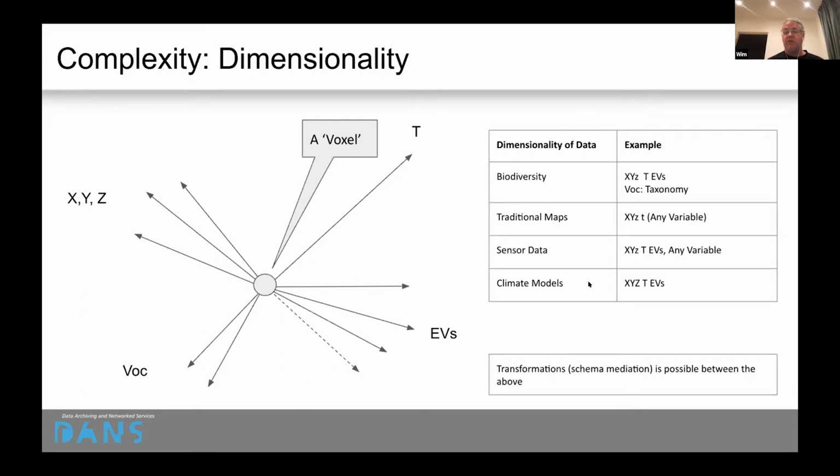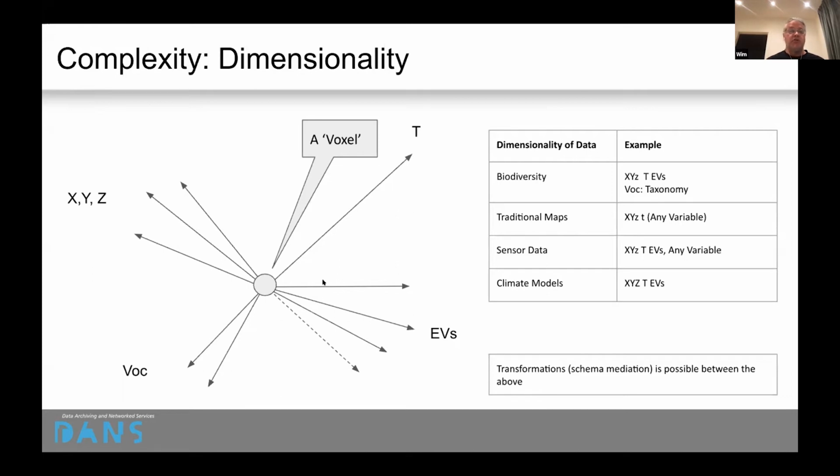And then the climate models would be an example of data that contains information across almost all of these dimensions. And there are transformations, standard procedures, schema mediators that translate the data between these different traditional representations. So that gives us a wide scope of complexity for the types of data that we might encounter.